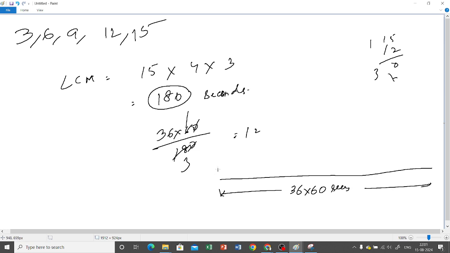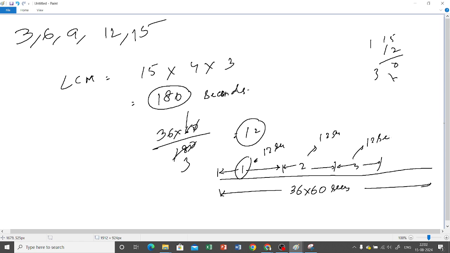Okay, and this 36 into 60 seconds is broken into how many intervals? 12 intervals, right? 1, 2, 3, and the value of each interval is 180 seconds, 180 seconds, 180 seconds, right?